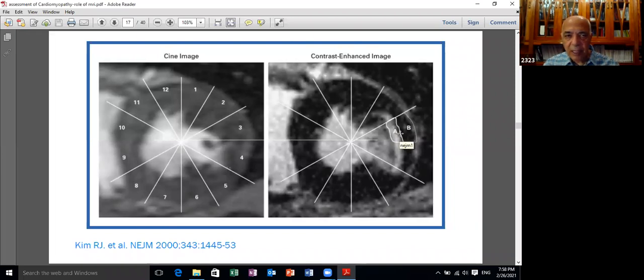So the outstanding capability of detecting exactly the amount of infarction and its relation to the surrounding myocardium, as well as the small amount of infarction that can be detected by CMR and can be missed by other modalities, is obvious from these slides.